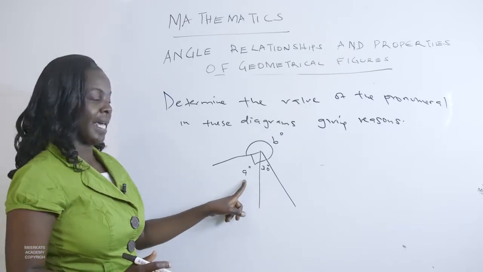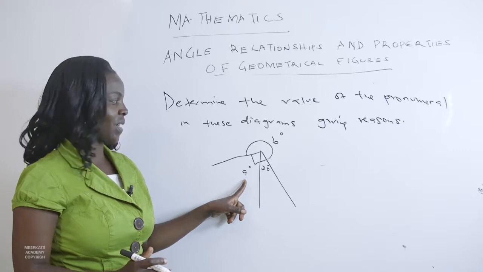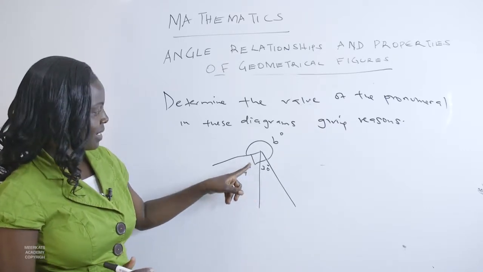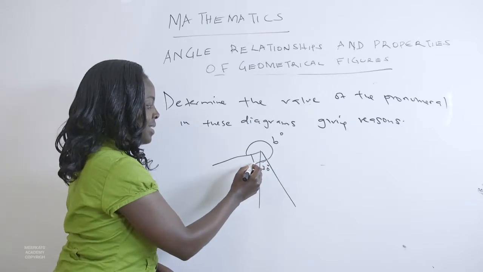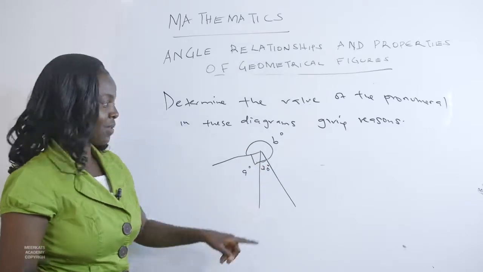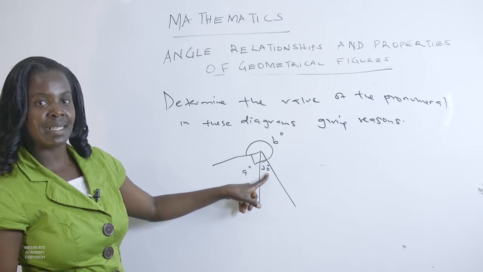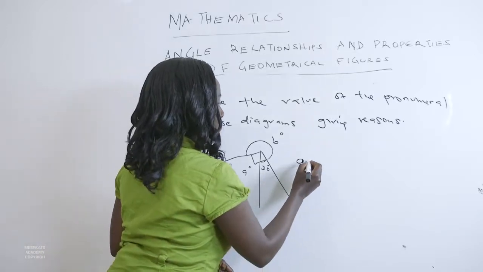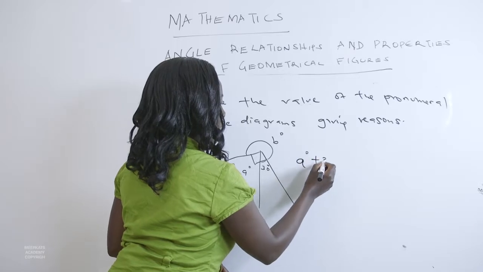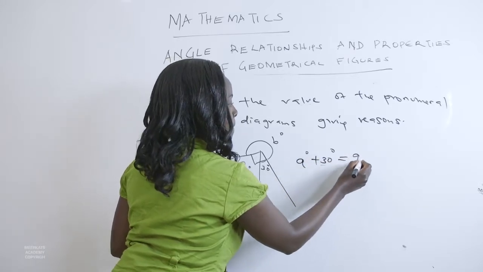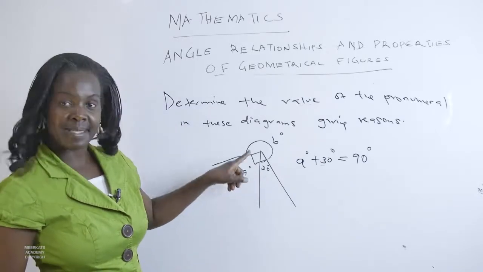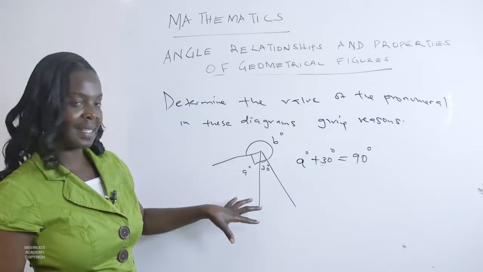So find A. What is the measurement of A? According to this diagram, we are told that this angle here is 90 degrees, and one of the angles is 30 degrees. So then what do we say? A and 30 are in 90.